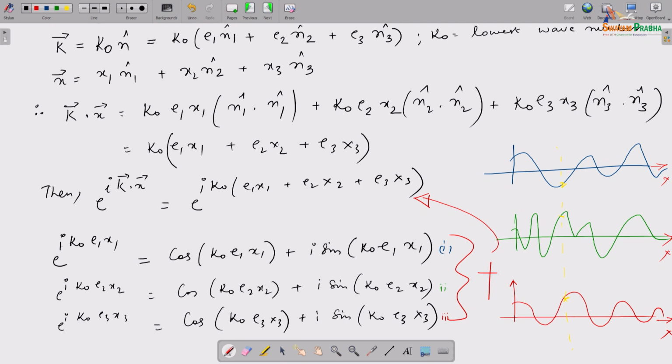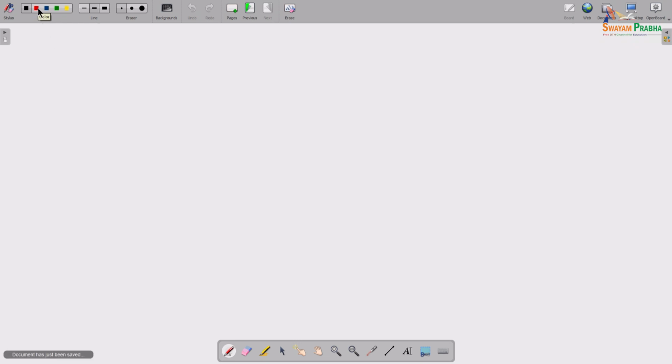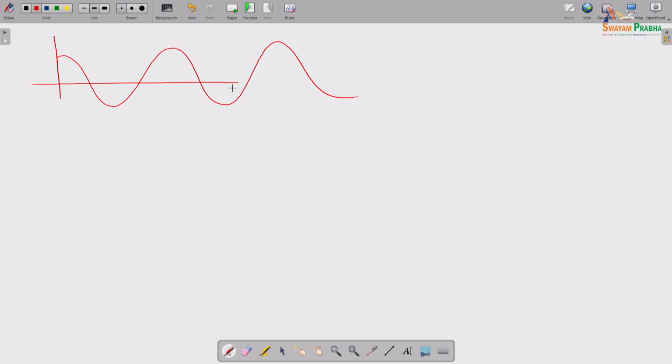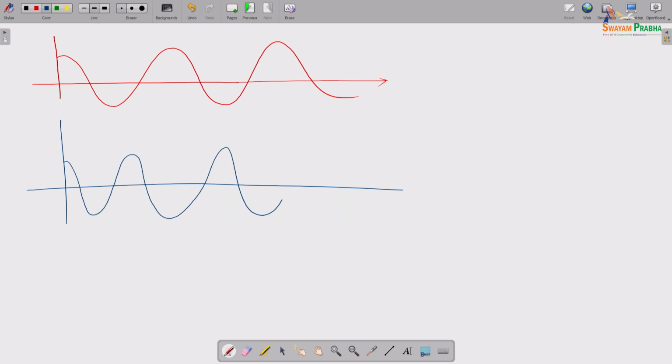I could do this a little more: a nice little function like that, and another one, maybe something like that.